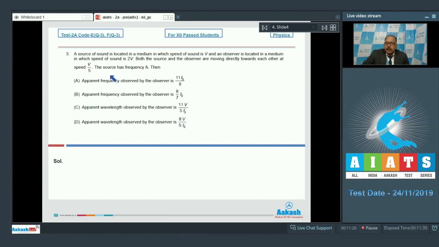Obviously, the question is based on the concept of Doppler effect in sound. Let's draw a simple diagram. So here we have, let's say, the source, and this is medium 1. Let's say this is the boundary, and this is medium 2, and here is the observer.